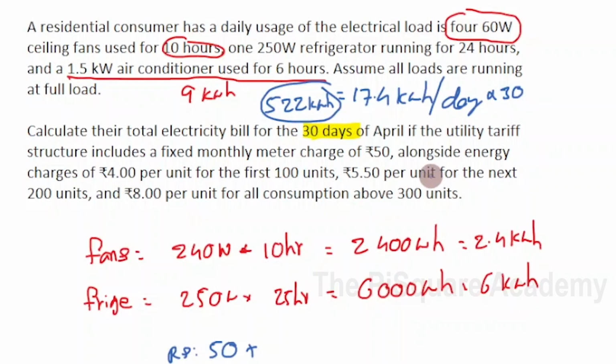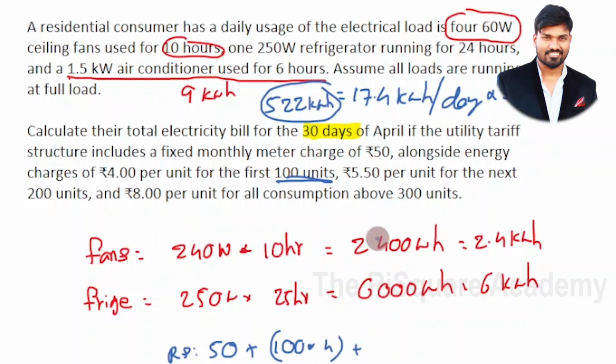It is much beyond the first slab, which is 100 units. For the first 100 units, you get a charge of 4 rupees. For the next slab, the next 200 units, be clear here. It is not said from 100 units to 200 units.